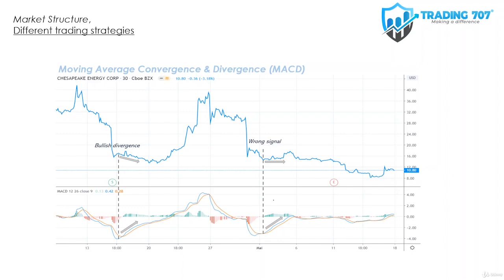Then, the MACD signal line simply represents a short-term exponential moving average of 9 periods. The histogram is generated from the difference between the MACD value and the MACD signal lines. So, MACD value line minus MACD signal line.